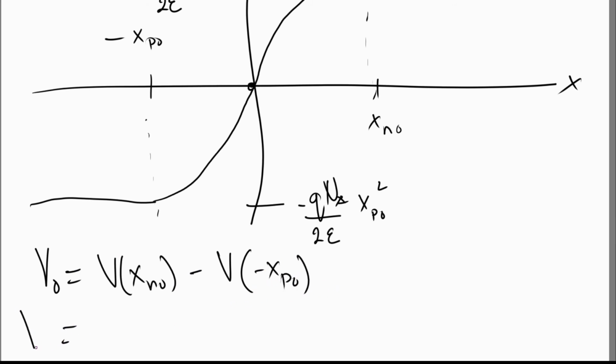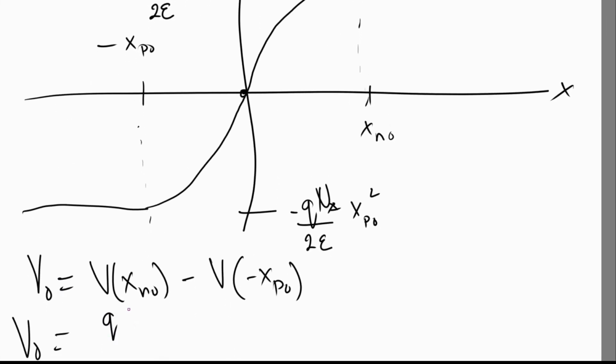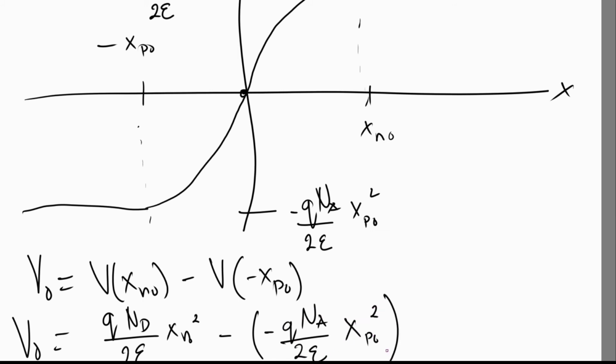So equal to q N_D over 2 epsilon x n naught squared minus negative q N_A over 2 epsilon x p naught squared.